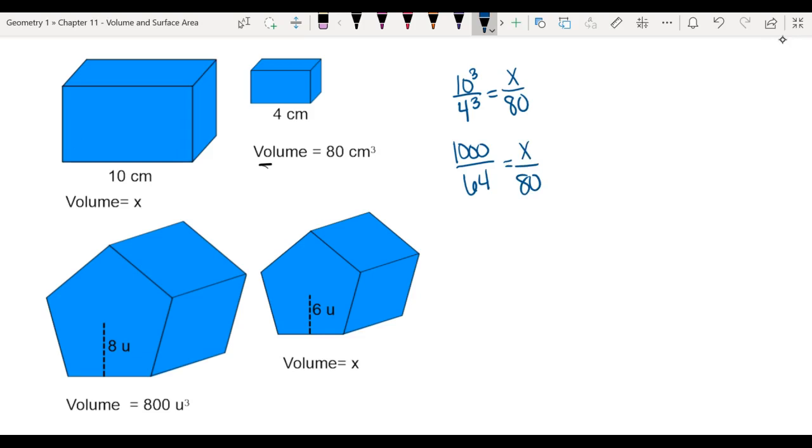Remember, if you wanted to plug that in, you're going to use the up arrow button. It's kitty corner from the 7. So you type in 10, up arrow 3 to get that 1,000. Then you're going to cross multiply. 64x equals 80,000. Divide by 64. 80,000 divided by 64 is 1,250.